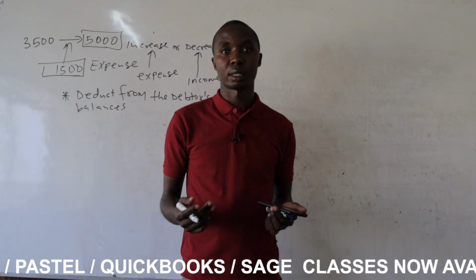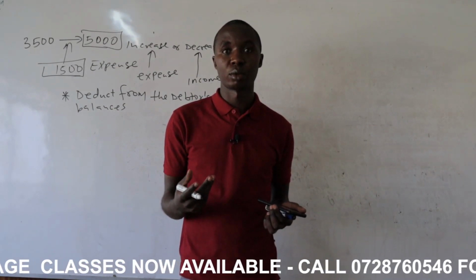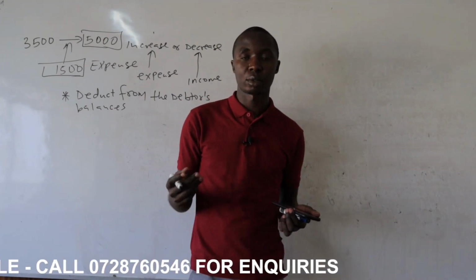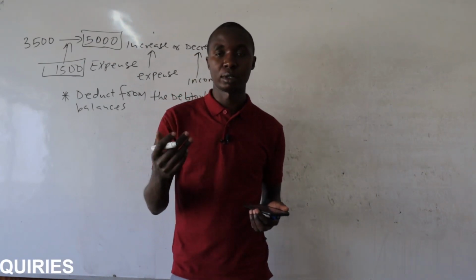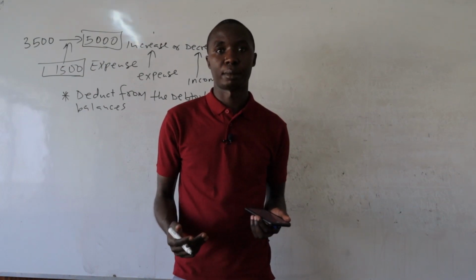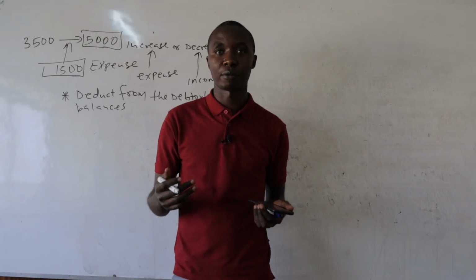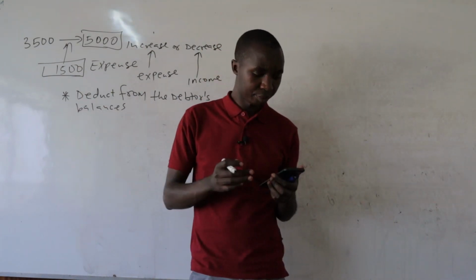So this is an amount set aside to cater for what you doubt you might not recover from your debtors. So it's like a provision. Which means that if you increase the amount, that is an expense. If you decrease the amount, that is an income, of which the total amount you increase to will be deducted from the receivables, which is the same as the debtors.